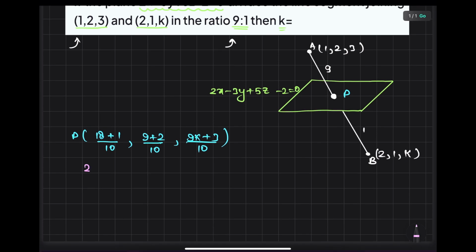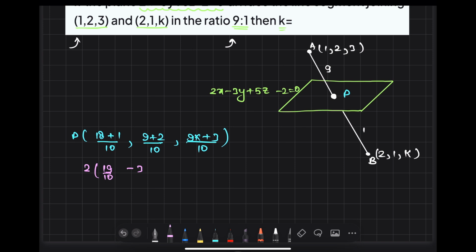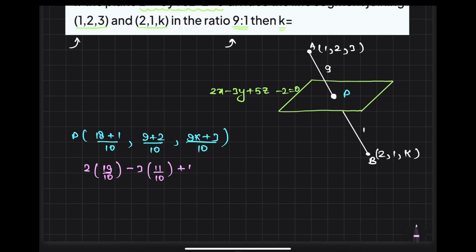So it is 2 times 19 by 10, then minus 3 times 11 by 10, plus 5 times 9k plus 3 by 10, and then minus 2.